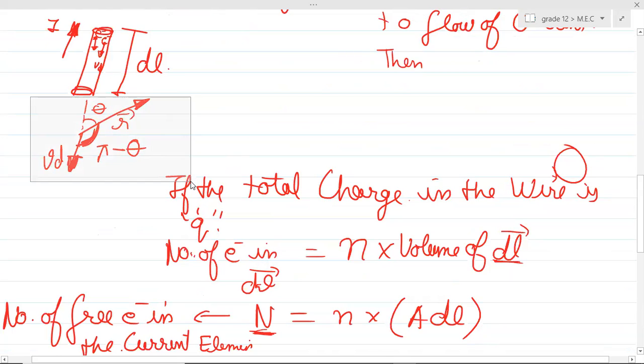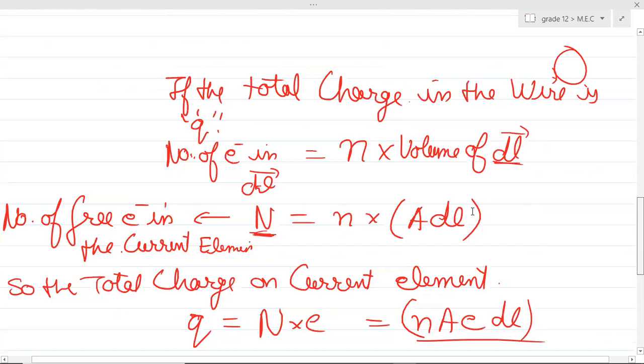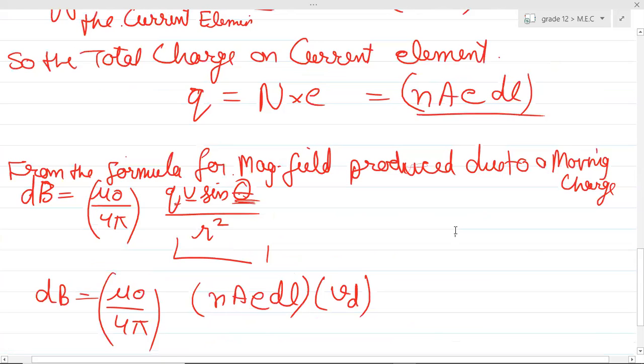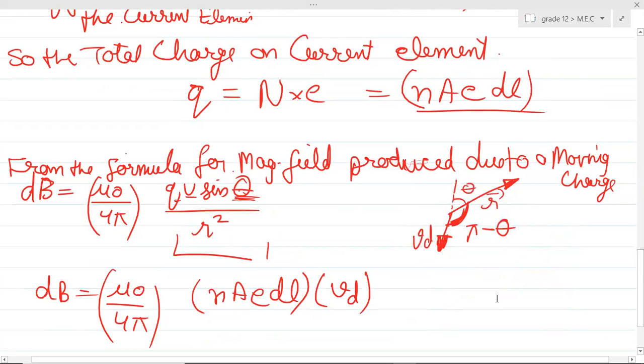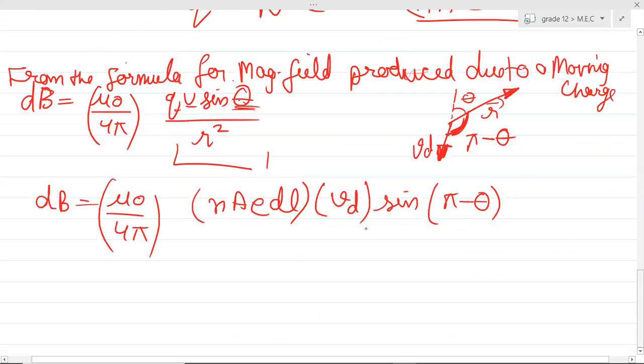I'll just cut and paste it over here, where you can see it clearly. Okay. So can you see what is the angle now? Pi minus theta, right? So sine of pi minus theta divided by r square. Can you see this nAe vd?